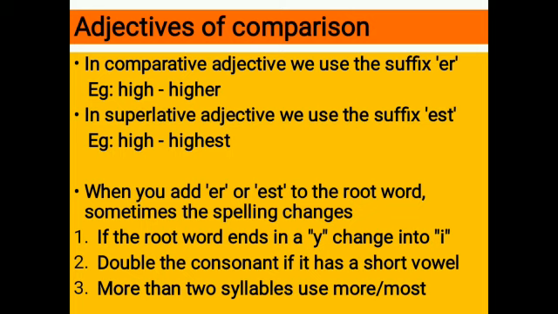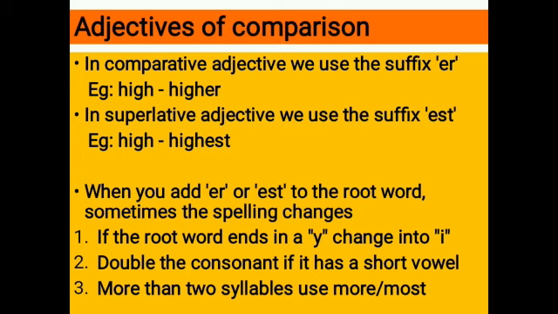Adjectives of comparison are used to compare two or more things. We use the suffix er for comparative adjectives and suffix est for superlative adjectives. There are certain things that you should keep in mind. When you add er or est to the root word, sometimes it changes the spelling.